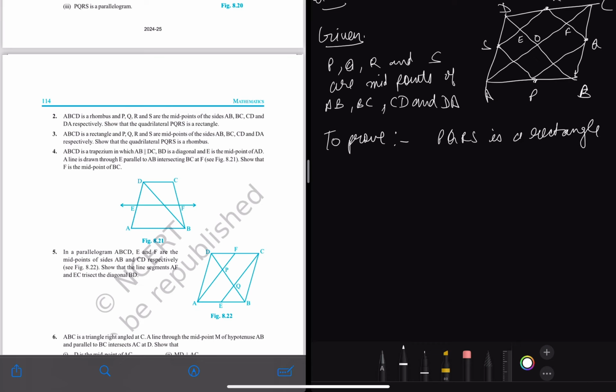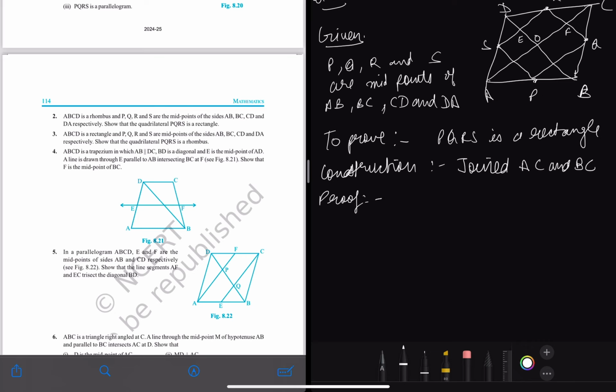So in the construction we have joined AC and BD, the two diagonals of the rhombus. So let's start with the proof now. How will we start the proof?